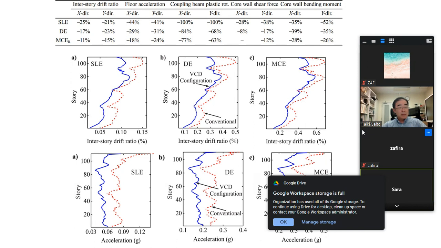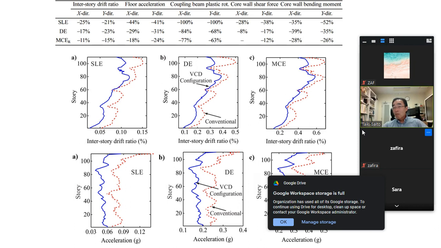As can be seen in these pictures, incorporation of the VCDs in the design leads to significant reduction in the inter-story drift ratio and the floor acceleration throughout the height of the building.